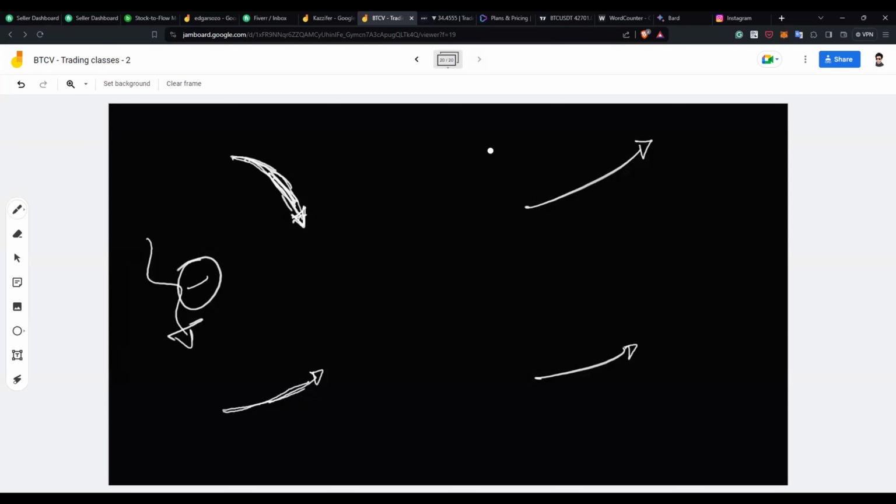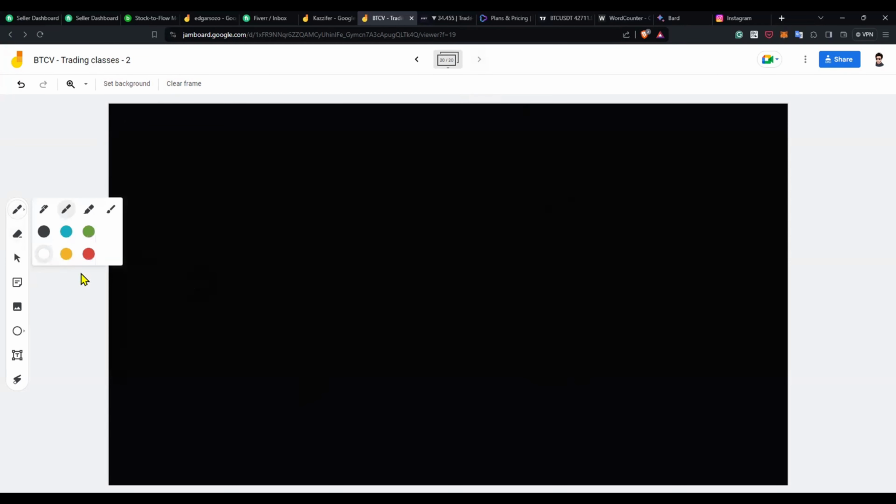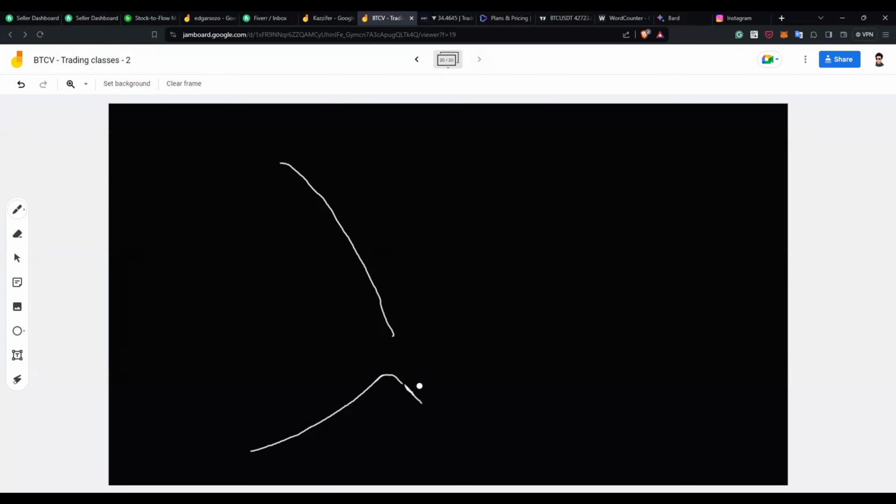Now, let me just clear this frame because this is the last one. For example, let's say the price is falling. It has fallen down till here. The volume has increased now, and slowly what happens? The volume starts decreasing. Now this is the volume, right? This is the condition.